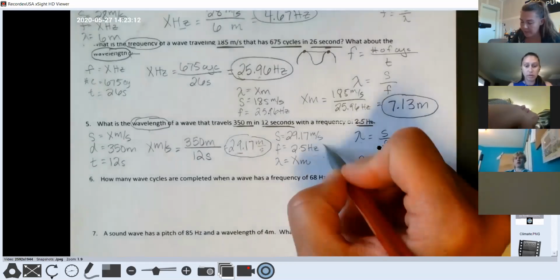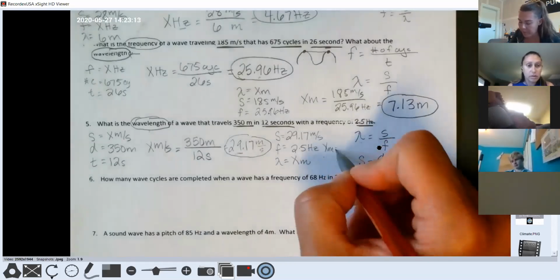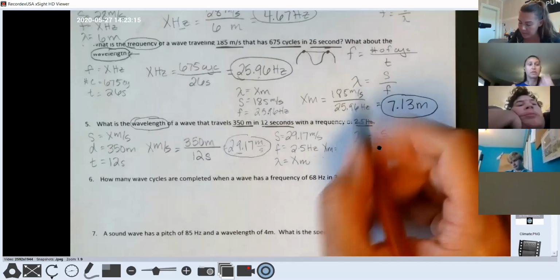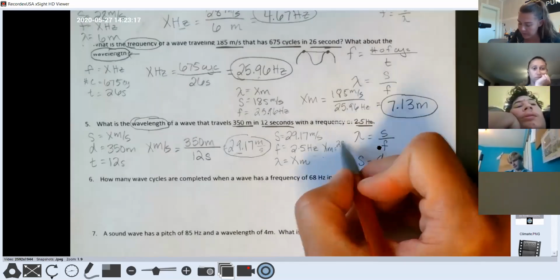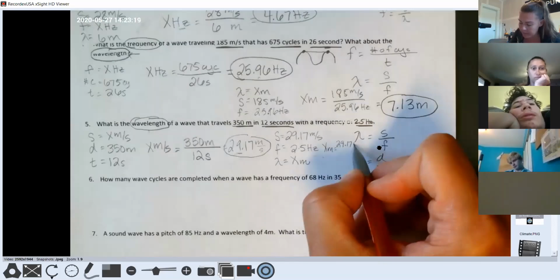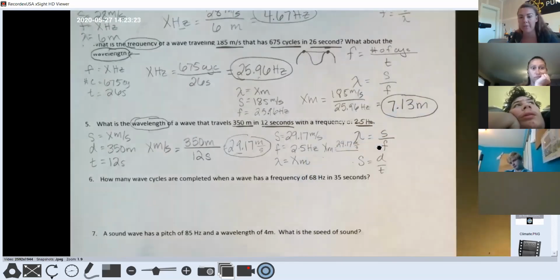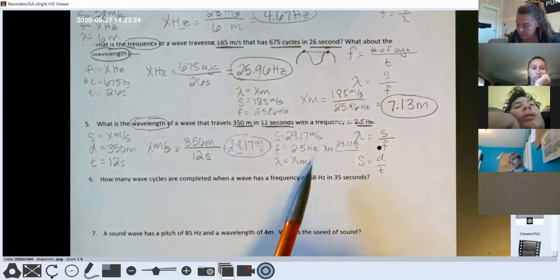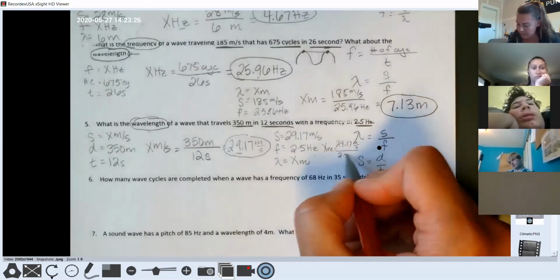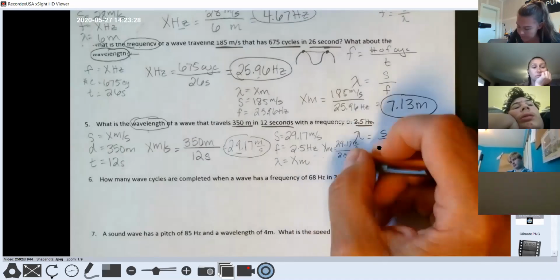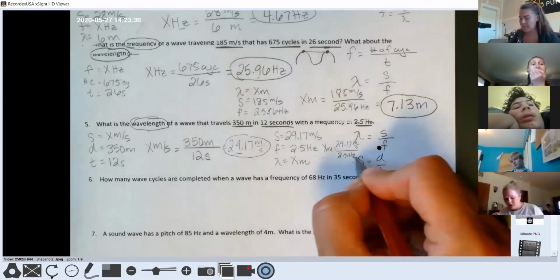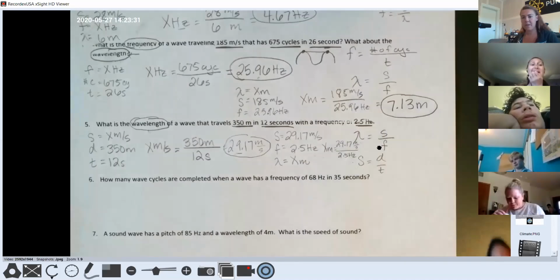So x meters, I don't have a lot of room, but I will make it work, equals speed on top, so 29.17 meters per second. And I'm going to divide that by the frequency, which is 2.5 hertz. Oops, that would be a Z, not an S. Hopefully you can read that.